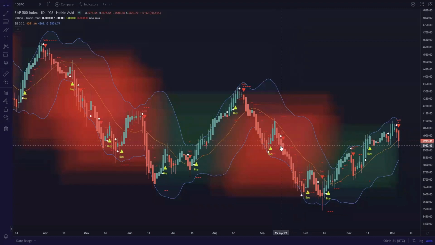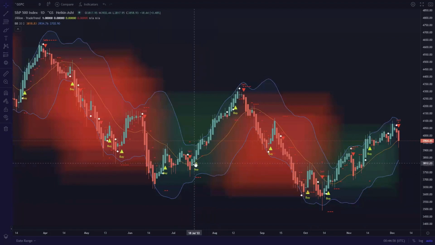So this one I really like. Here's a sell signal that aligns with the Bollinger Band trend. It's got the shift from bullish to bearish Heikin Ashi, it's got the sell signal, and it's also in a red divergence cloud. So that's the other factor that I'll use for confirmation. Here's a good one.